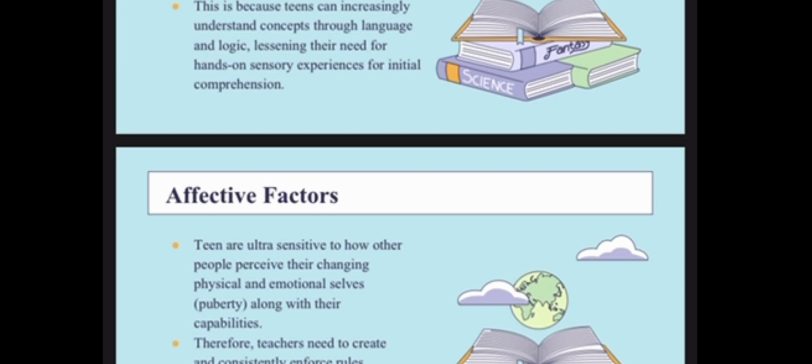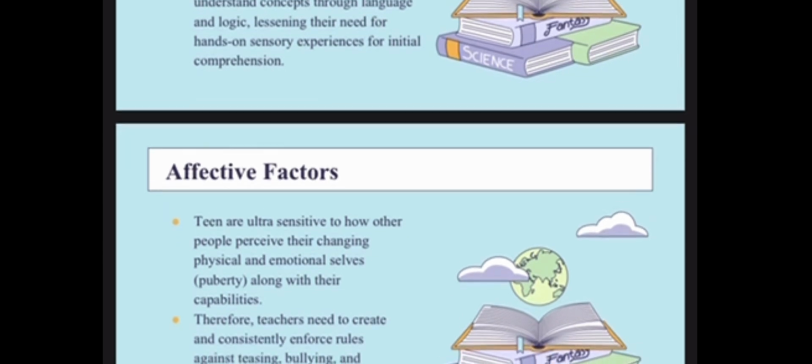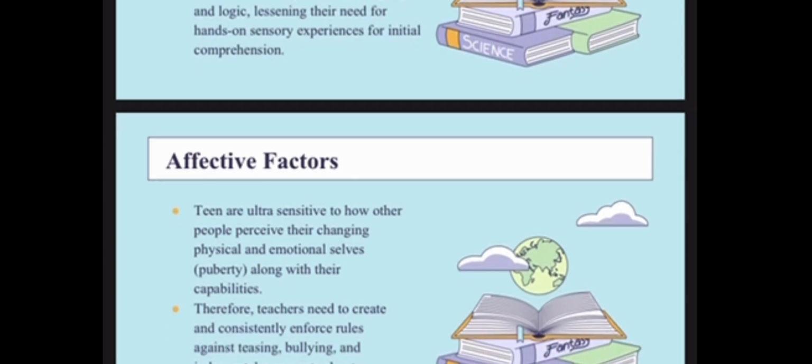They are sensitive about their appearance, abilities, and the opinions of their peers. As teachers, we should prevent teasing and bullying, build a safe and supportive classroom environment, and encourage students to express themselves confidently.